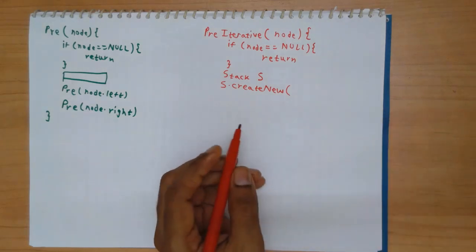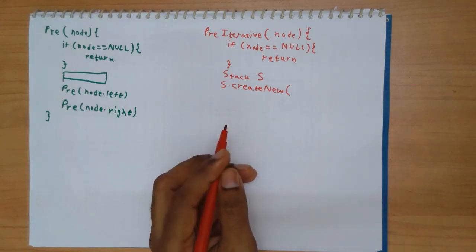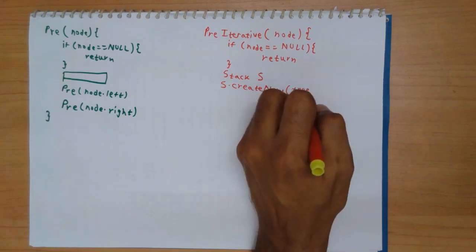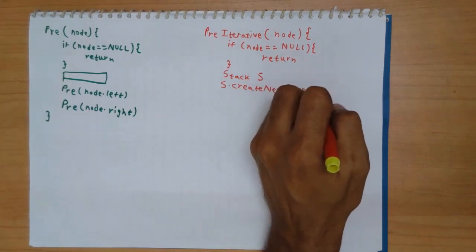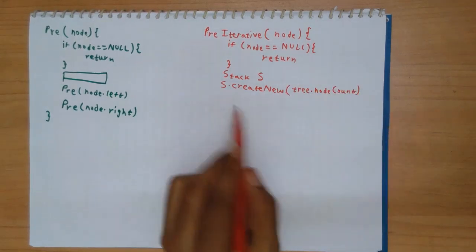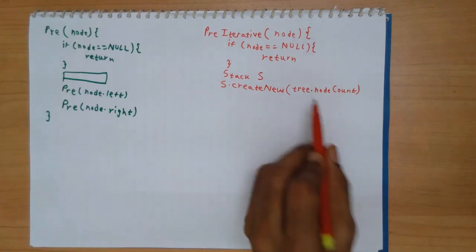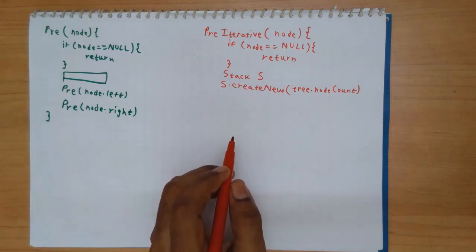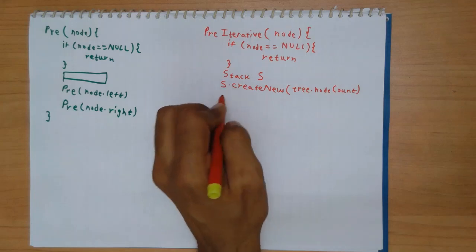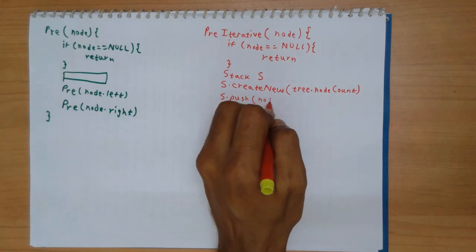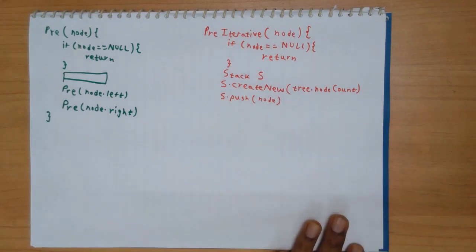So let's say we require a stack of size equal to tree dot node count. That's the new stack that I have created with a certain capacity. And the first thing I'm going to do is push my node onto the stack, so S dot push node, and now I'm going to start executing.